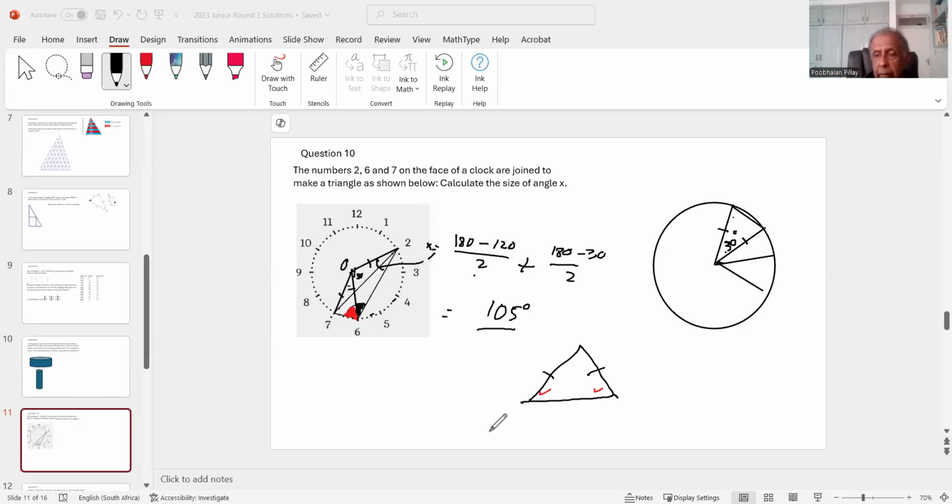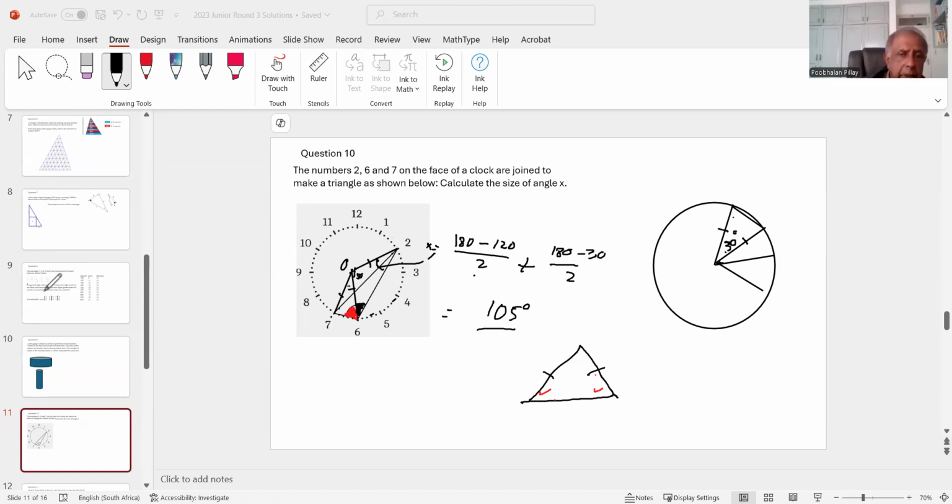It's a very interesting theorem in geometry. And likewise, if you know that two angles are the same, then you can conclude that the two sides opposite these equal angles are also the same. So we used isosceles triangles here. At the same time, we observed something about a clock.